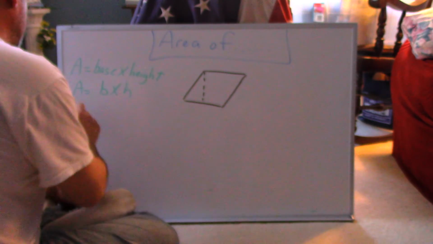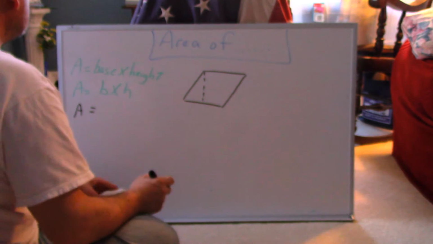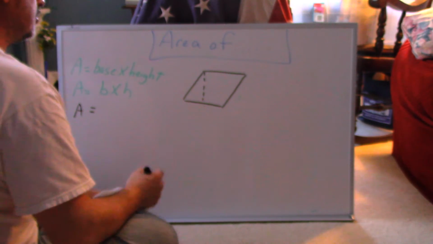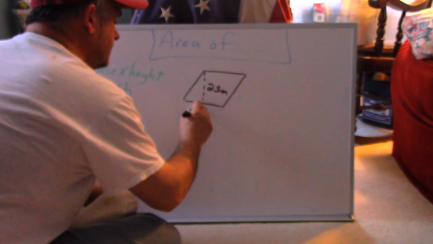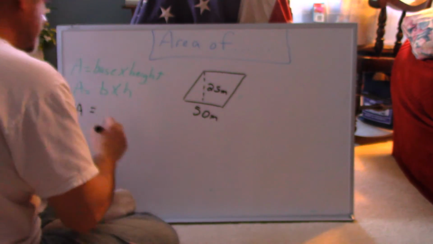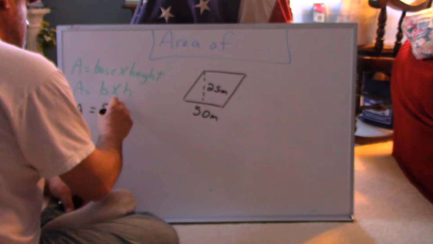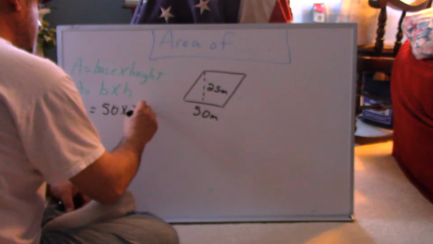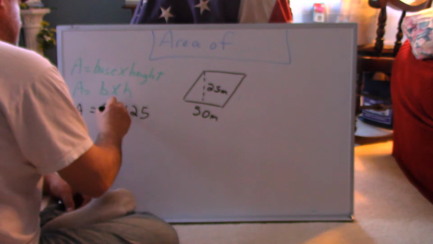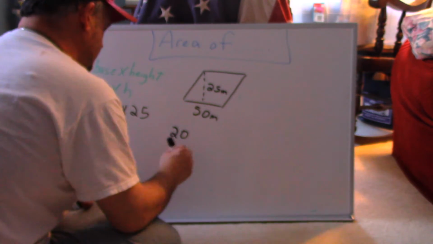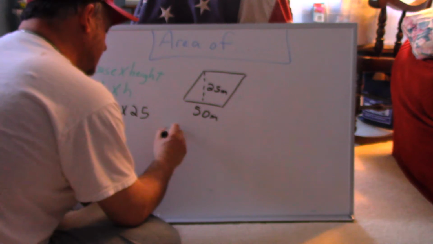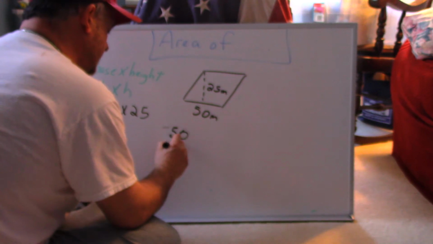Okay, here's another one. Let's say it's 25 meters, and let's say this is 50 meters. So then that would be 50 times 25. Forgive my sloppy handwriting. All right, and then we go 50. Why'd I write 20? 50 times 25.